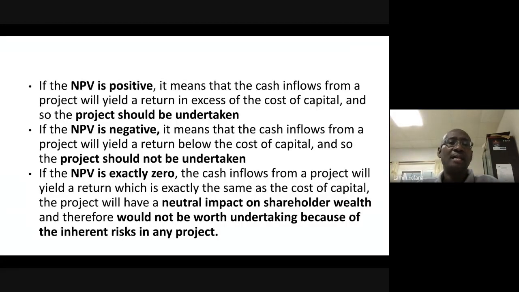And the last aspect is if the NPV is zero, that means the present value of inflows equals the present value of outflows, we still ask management not to go ahead.